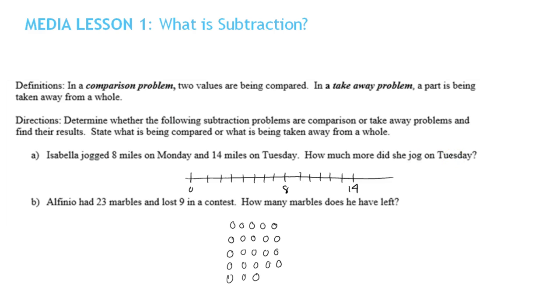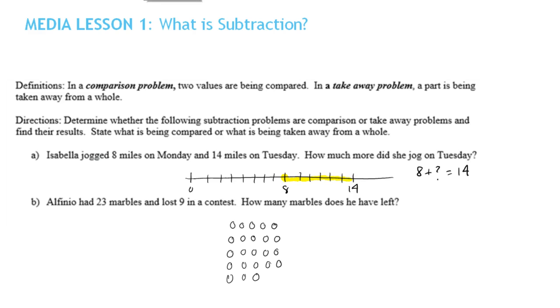So we said that we were comparing the different amounts, 8 miles and 14 miles. We also said we could think of this as, what number do I add to 8 to get 14? So we could think of starting at 8 and counting up to 14 to find the difference. So 8, 9 is 1, 2, 3, 4, 5, 6.